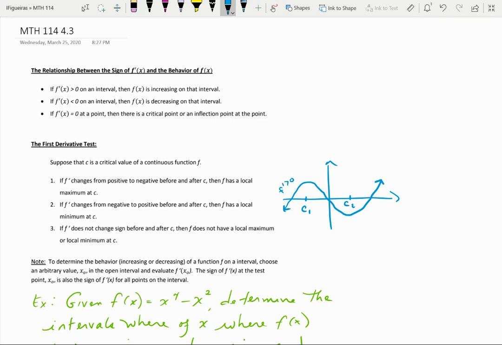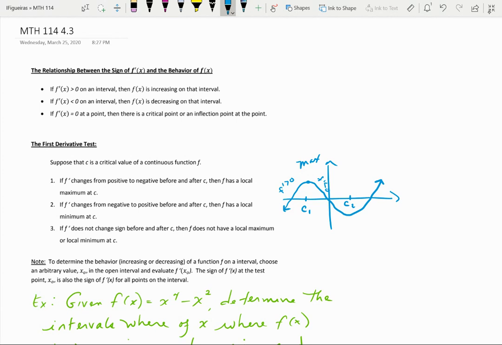That's because the slope of the tangent line on that side is going upward from left to right. But then after c sub 1, the slope is negative. So that means that at c sub 1, I have a maximum. There's a change in sign in terms of the derivative before and after it.